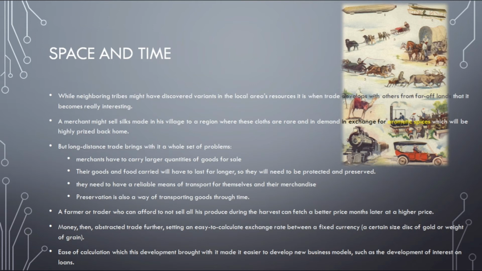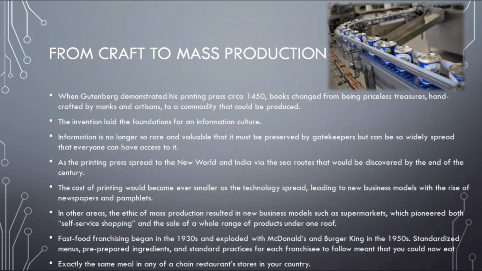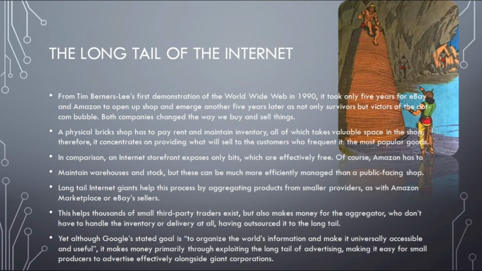But this long distance trade brought a different set of problems, like carrying larger quantities of goods and long travel times. Craft is a skill, but if your craft is demanded by thousands of people, it becomes very difficult to produce that many crafts. So you can approach mass production to maximize this quantitative change.